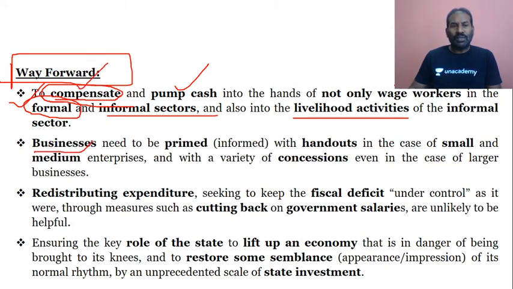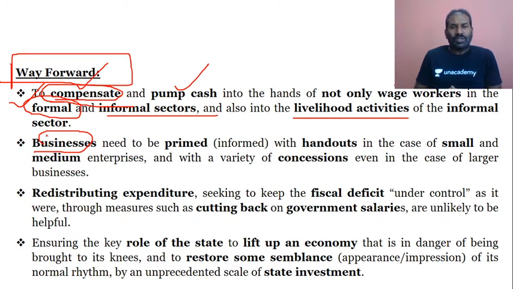And then many businesses need to be supported with handouts. In the case of small, medium and large enterprises, concessions have to be given wherein the business activity should carry on. What is important at this juncture is for business activity to continue, and that is the need of the hour.